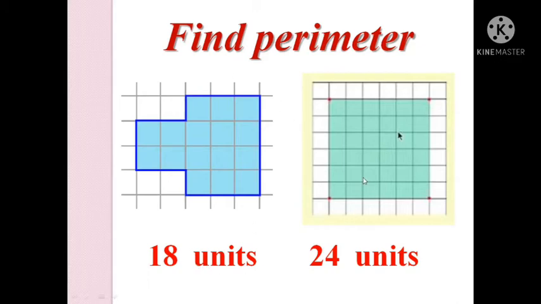The same way we can find the perimeter of this green colored shape. 1, 2, 3, up to 24. Each and every box should be taken in count. So the perimeter of this green colored shape is 24 units.